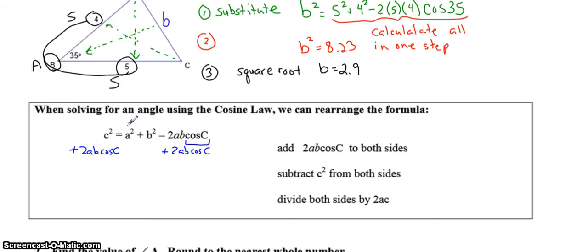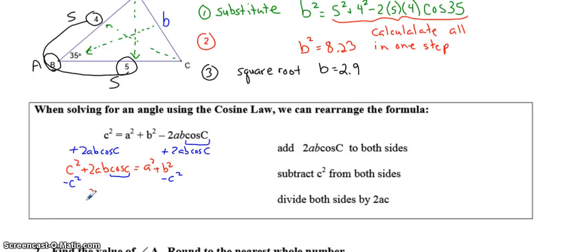So that's going to give you c squared plus 2ab cos C equals a squared plus b squared. The next thing to isolate cos C is you're going to subtract c squared from both sides.